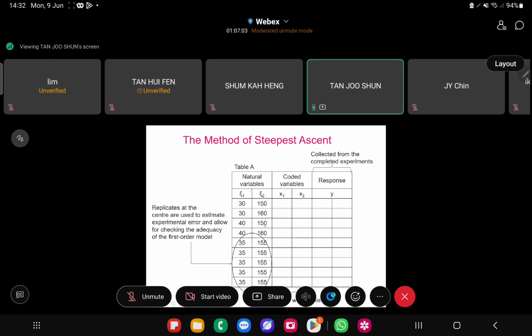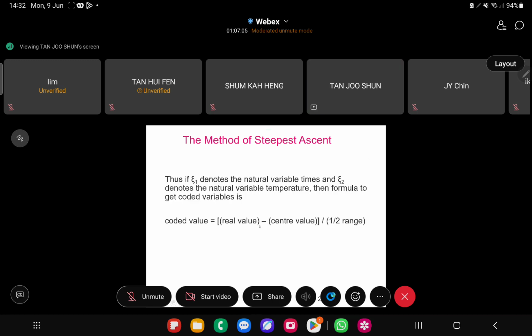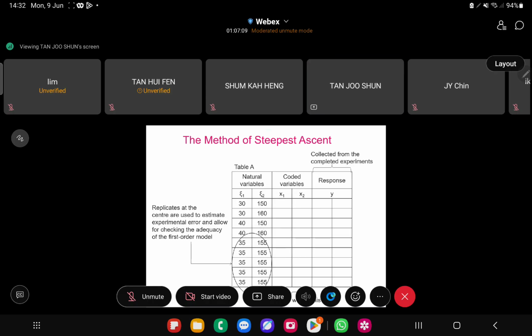In this case, you need to calculate the coded variable first, because in the equation, normally they use coded variables instead of the actual variables. What we call coded value and actual value.